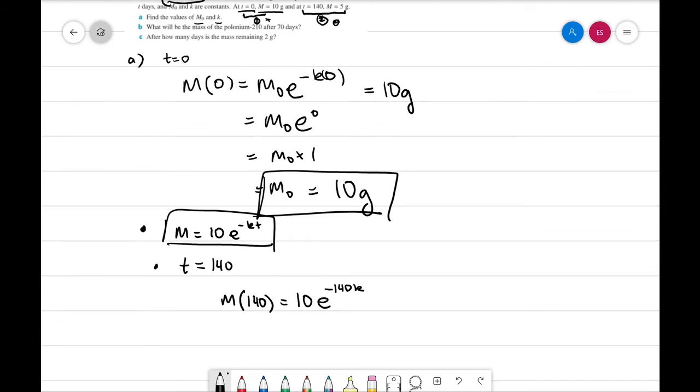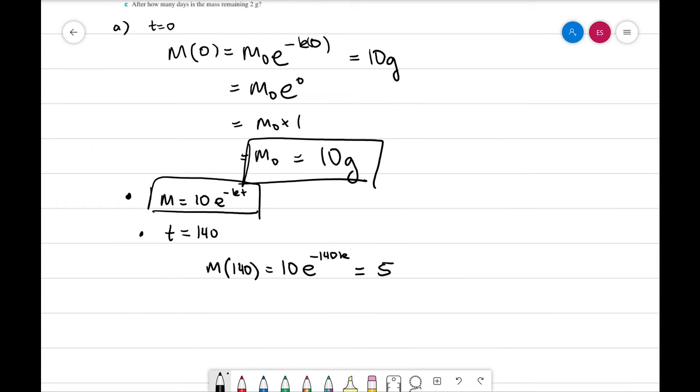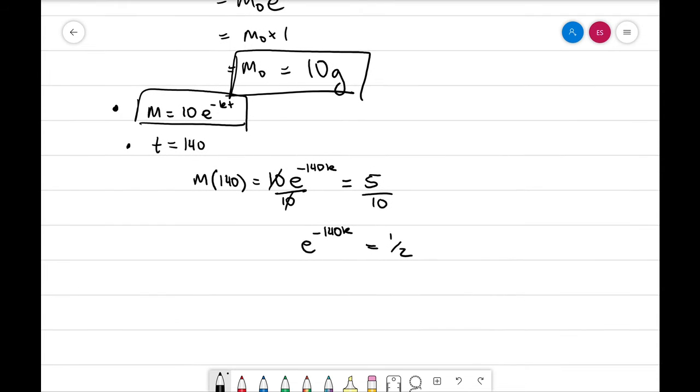And we know that the mass will equal 5 here. And then we'll divide both sides by 10. So we'll get e to the minus 140k. Because remember, we're trying to isolate this k, so we need to kind of reduce the expression a little bit.